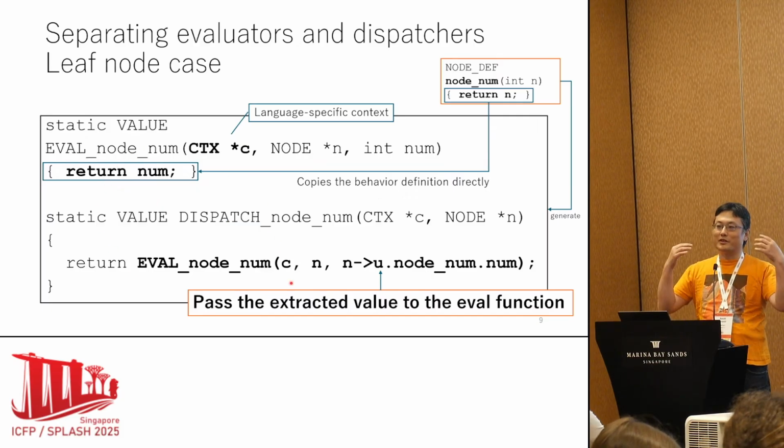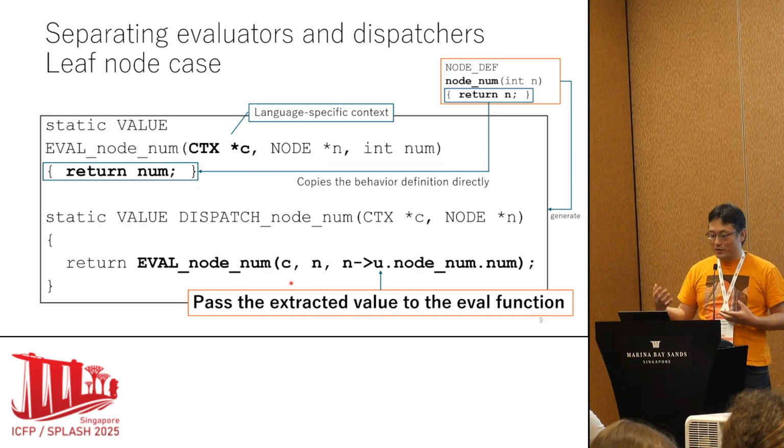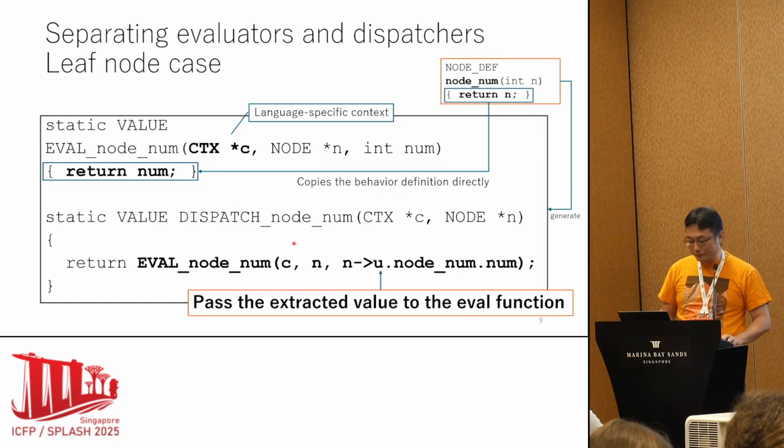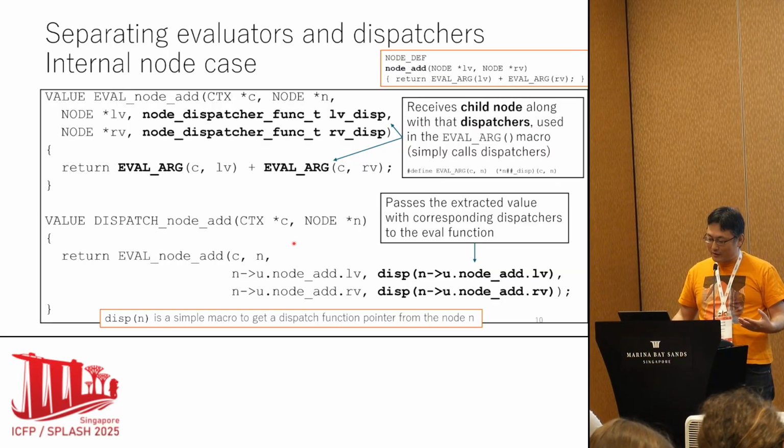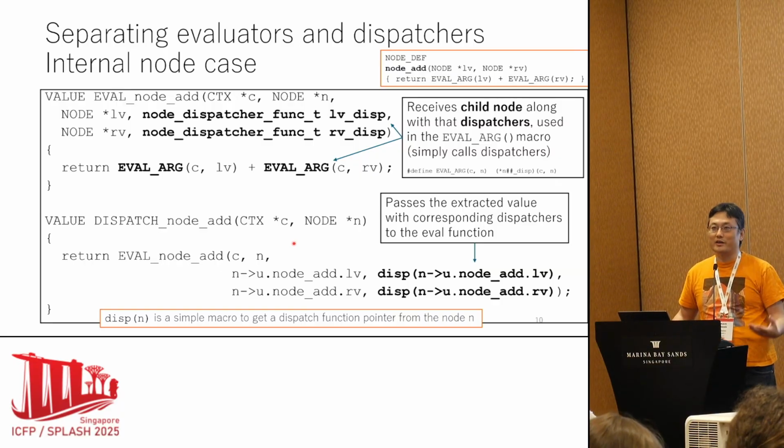Of course, this is very simple C code. So the C compiler can inline dispatch node num with eval node num.